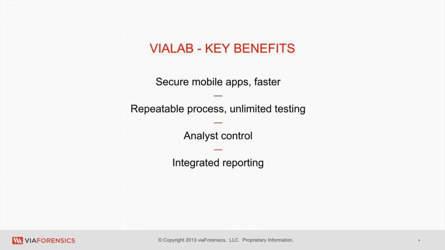You're going to see during this demo that viaLab performed automated tests which produced risk ratings. However, the analyst is ultimately the one who decides whether or not that particular item is really a risk. Finally, there's an integrated reporting feature which not only highlights the findings, but also includes recommendations as well as mappings to the OWASP Top 10 and common CWEs.